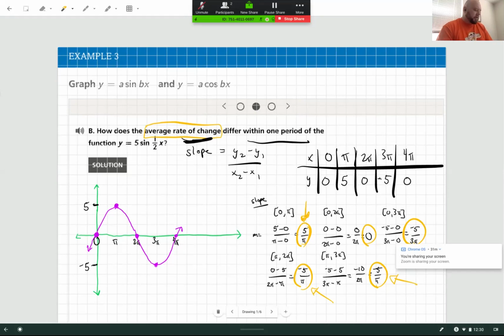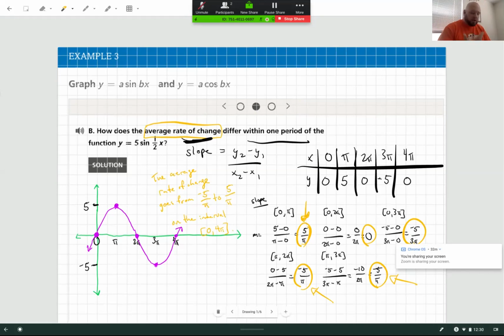So how does the average rate of change differ? Let's say the average rate of change goes from -5 over pi to +5 over pi on the interval 0 to 4 pi.